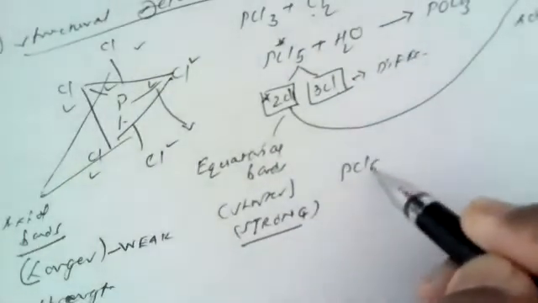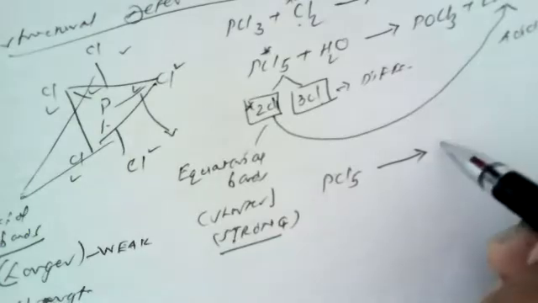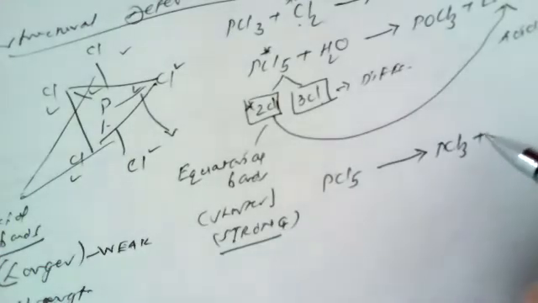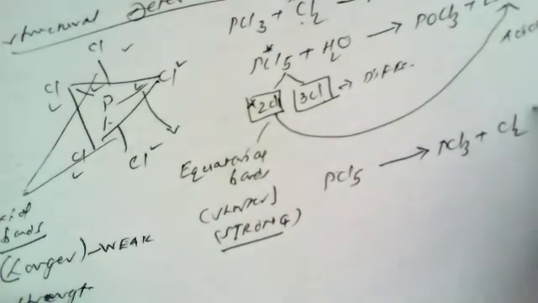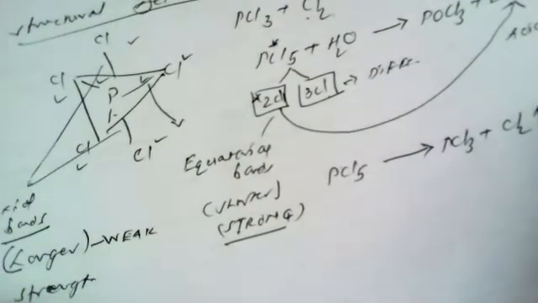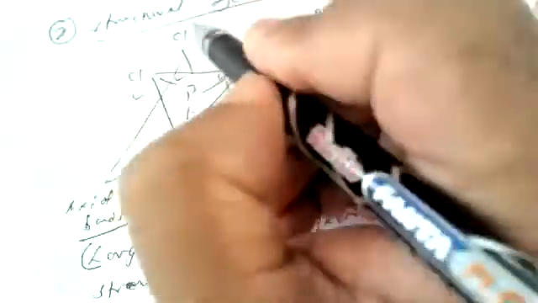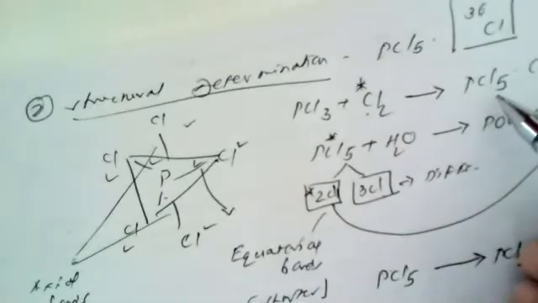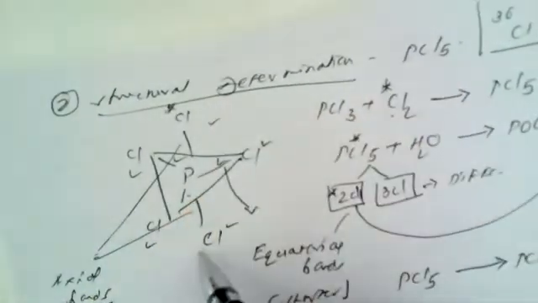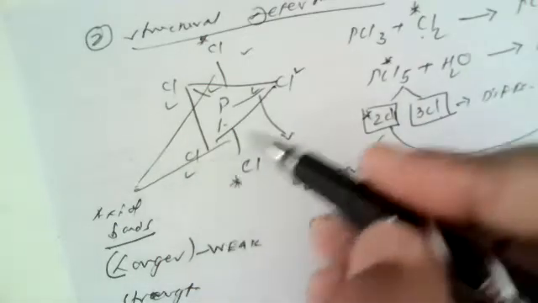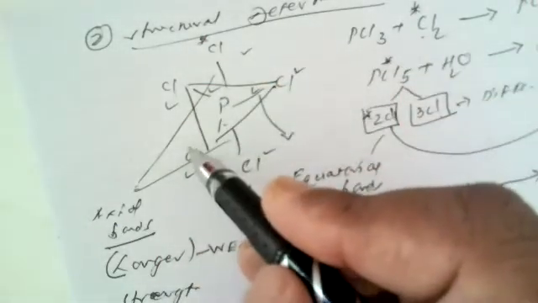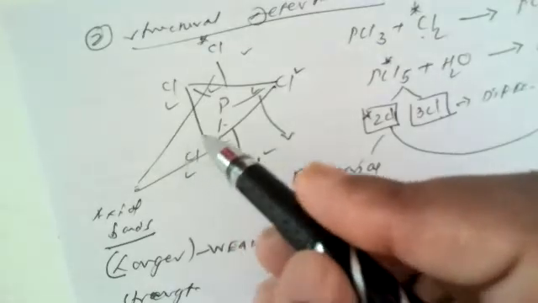Due to this reason, the phosphorus pentachloride thus produced in gaseous state undergoes decomposition very easily, and it can form PCl3 and chlorine gas that is evolved during this reaction. So those two chlorine atoms involved in the formation of this PCl5 are present at the axial positions, and the remaining three chlorine atoms are present at the apices like this.